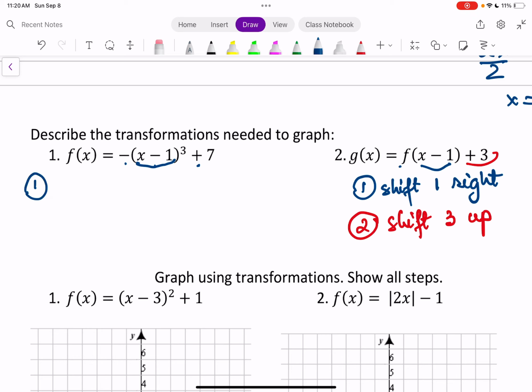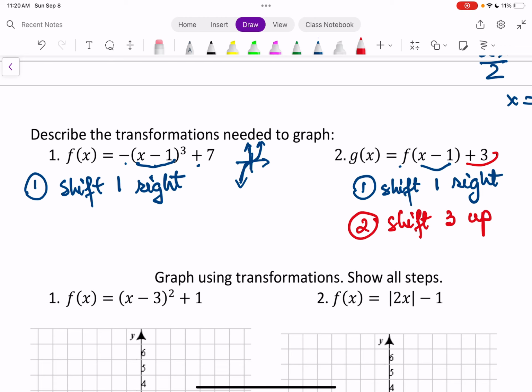Before we even cube the function, we're really dealing with the x cubed function. What are the transformations? How do we get from the basic x cubed function to this function here? First of all, we shift the whole graph 1 unit right because of the x minus 1. So you shift the whole graph 1 unit to the right.